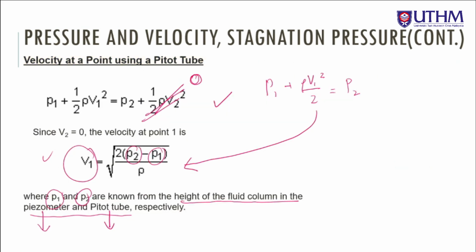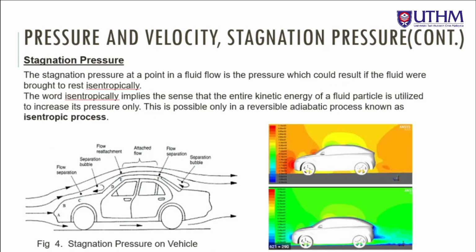This is an example. Okay, so this is a bit more detail on the explanation about stagnation pressure. A stagnation pressure at a point in the fluid flow is actually the pressure which could result if the fluid were brought to rest isentropically.